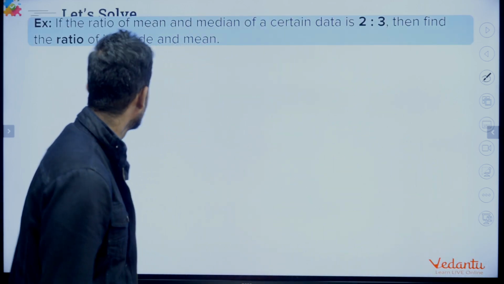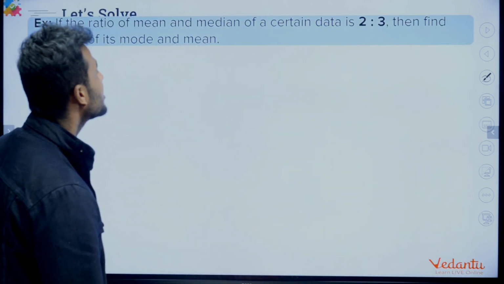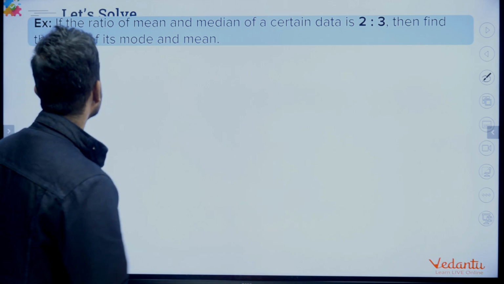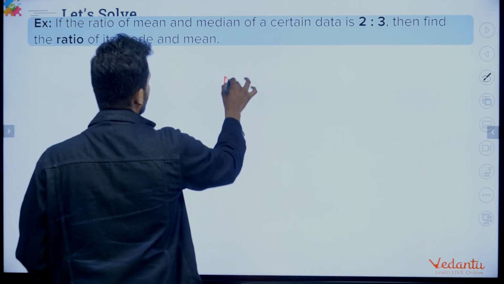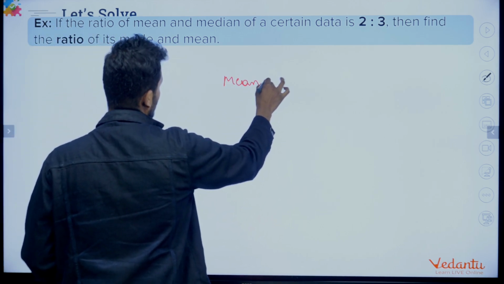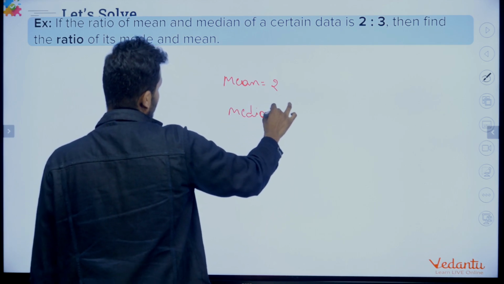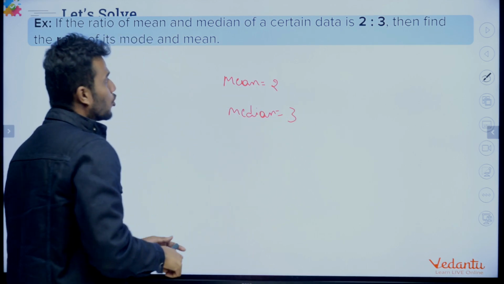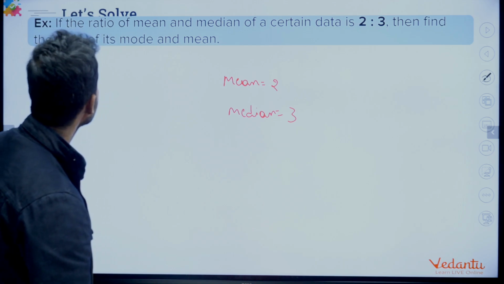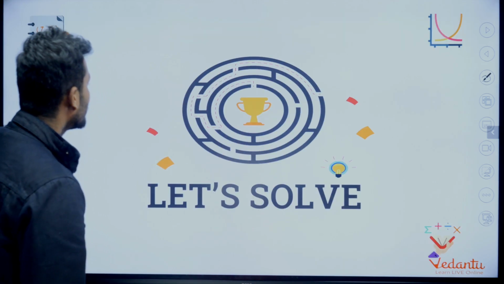Come on, let's solve some problems. Here, what is the question? If the ratio of mean and median of a certain data is 2:3, mean is 2, median is 3. Then find the ratio of its mode and mean. We don't know the value of mode. How to find the mode?